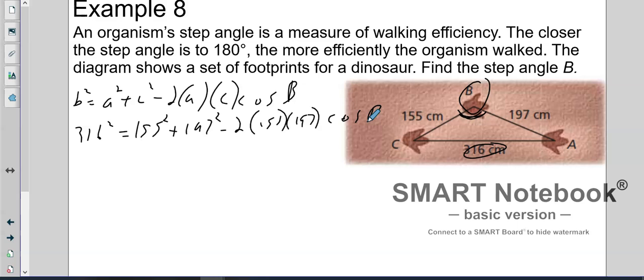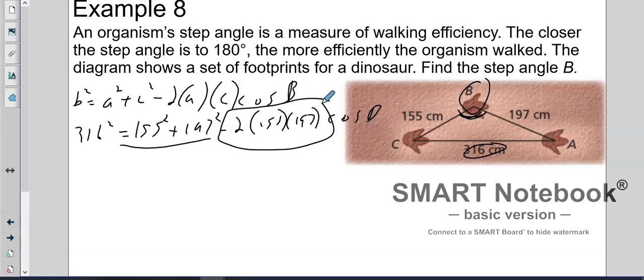Now, another way, similar to what we just did, but a little bit different, still getting the same answer, is if you think about it, you're going to do this and subtract that from the other side, and you're going to divide by that.